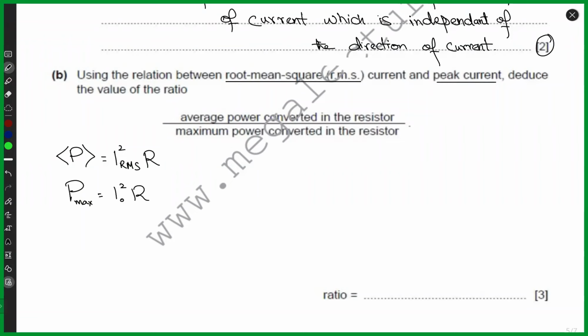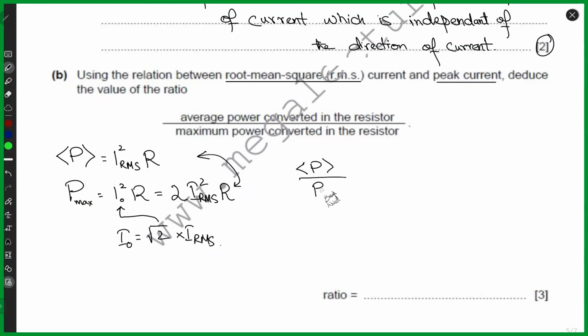Now, what do we know about I naught? We know that I naught is equal to under root 2 times I RMS. I can substitute this in this one, and I'll get under root 2 squared would be 2, and I RMS squared times R. Now I can take the ratio of these two.